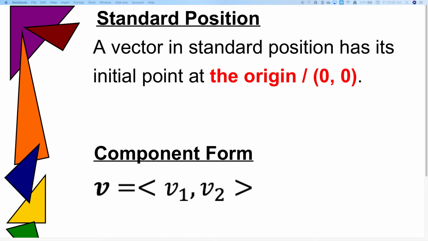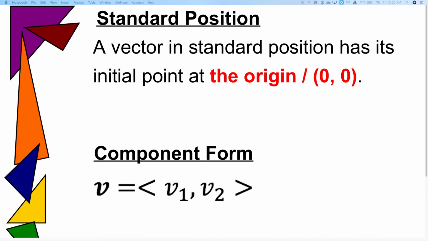Like we saw vector v on the last slide was up and off to the right. But you can still take any vector out in the coordinate plane and you can write it in component form. Okay, if it's in component form, that would mean that it is in standard position. It does have a starting point at (0, 0).